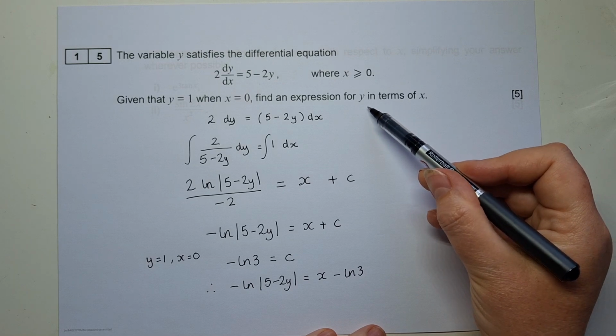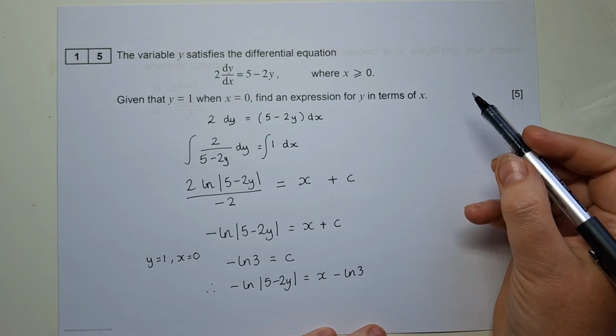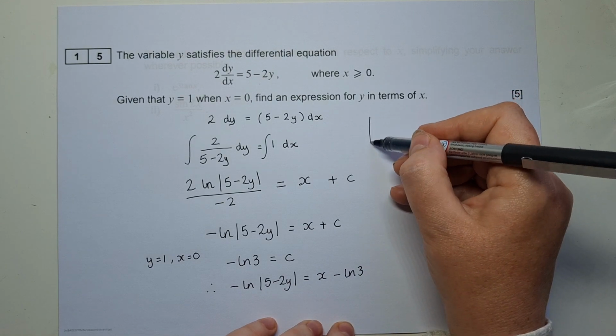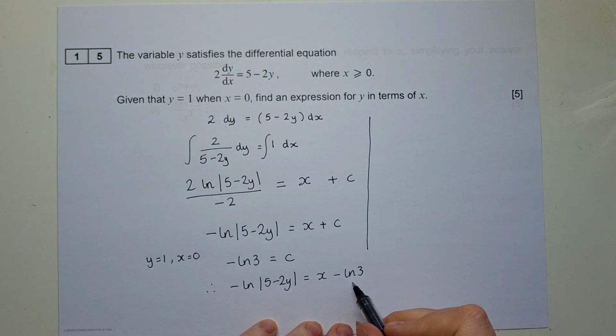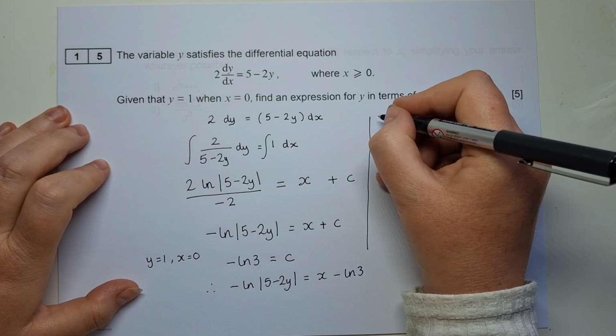So we've got to carry on now and try and get y in terms of x. So we've got to isolate our y term. Okay. I'm going to join the logs together. It doesn't really matter which side you join them on. Is there an easier way to do it? Don't know really.